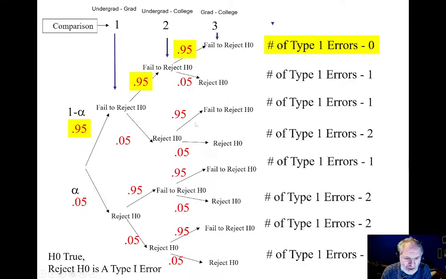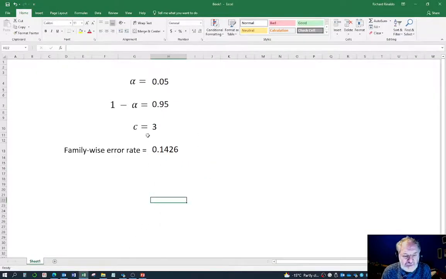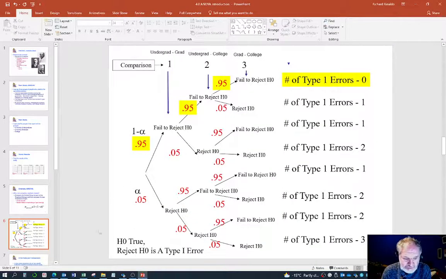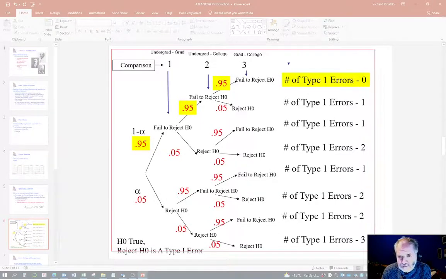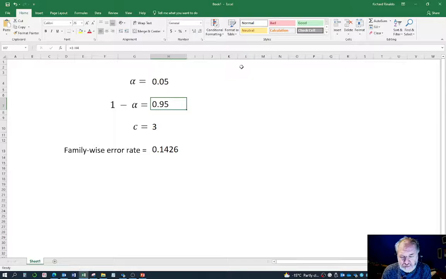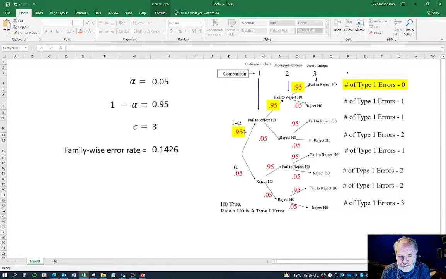But in terms of my error rate, I want to figure out what is the probability of my rejecting the null hypothesis at least once. I have 3 comparisons. So here's my correct path.